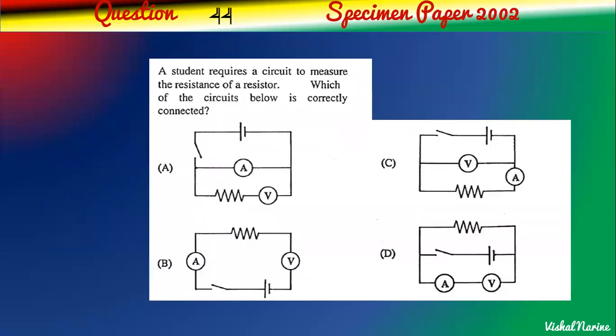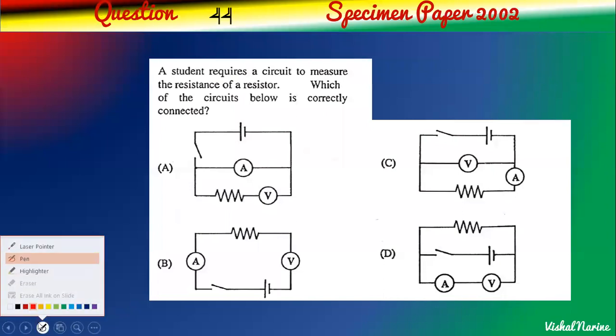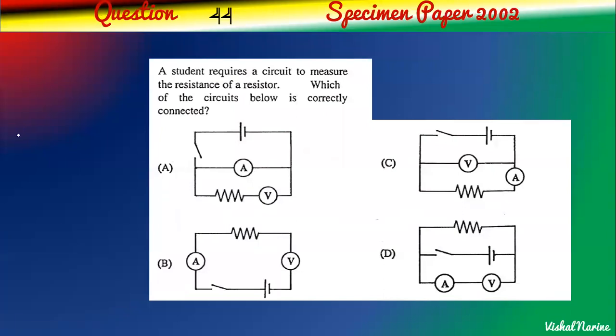Question 44. A student requires a circuit to measure the resistance of a resistor. Which of the circuits is correct? So we should remember that our ammeter should be in series, ammeter series, and voltmeter should be parallel.